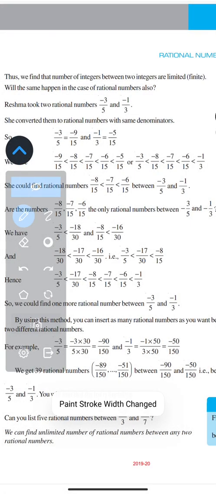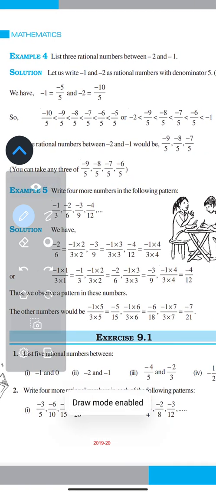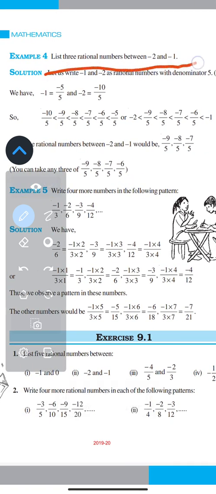Here is another example. See this question: list 3 rational numbers between minus 2 and minus 1. In between minus 2 and minus 1 you cannot easily get a number, because on the number line minus 2 and minus 1 are near to each other.